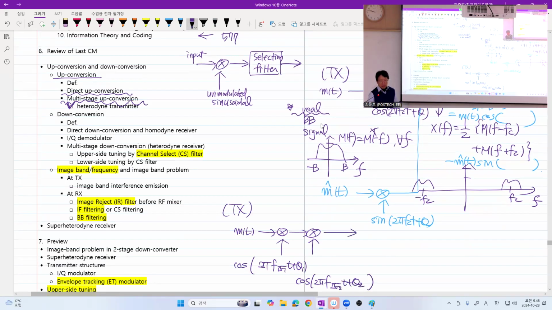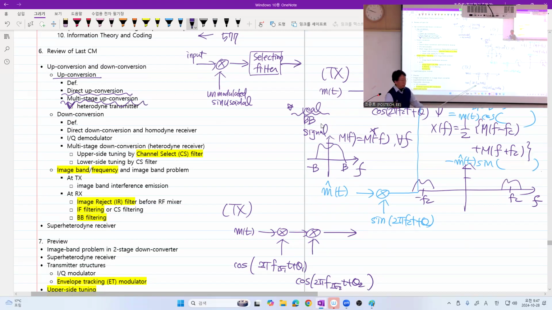Now, let's see. Suppose you have two stages of radio frequency mixers. And again, the assumption is the same: a real valued baseband signal, M of t. Now, what happens? So far, at this point, it is the same. The only difference is that now this F sub C needs to be replaced by FIF1, right?